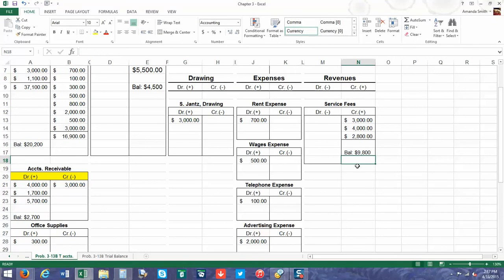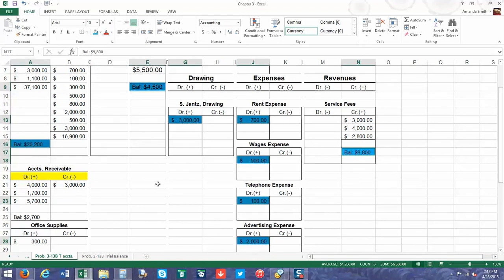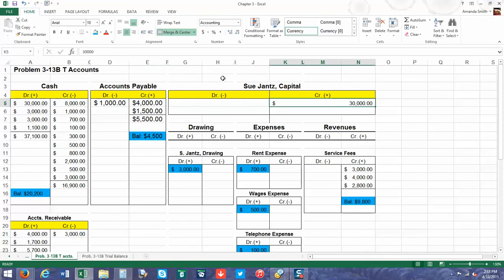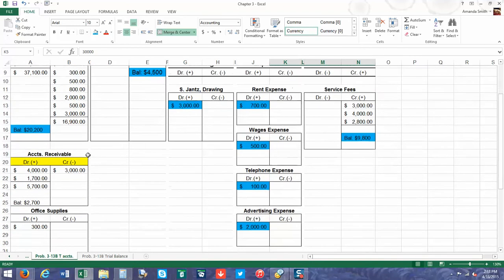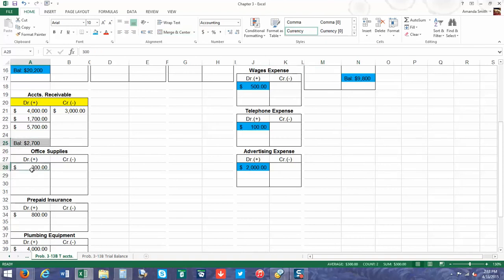Okay, so now that we have this done, we're going to take these amounts and put them over into our trial balance. What I'm going to do to make it easier so you can see easily what I am talking about, the amounts in blue are actually the amounts that we're going to use on our trial balance.